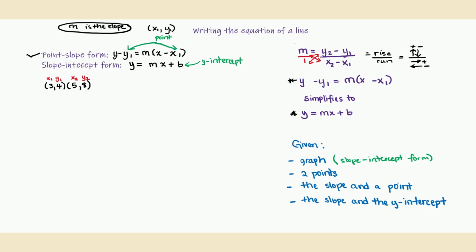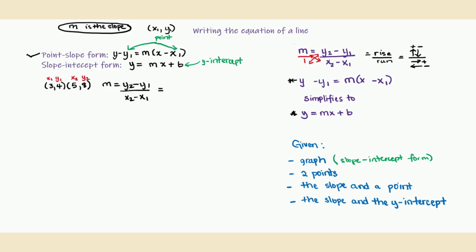Then using the formula, m equal y2 minus y1 over x2 minus x1, you can simply replace y2, y1, x2, and x1 with the different numbers that are labeled.